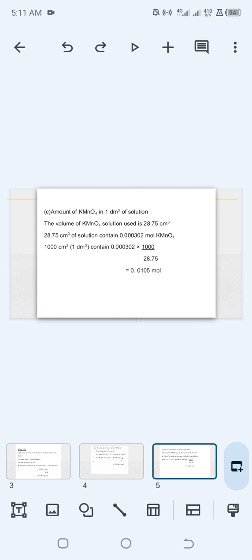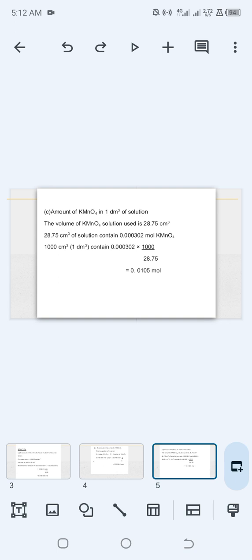The amount we've gotten for KMnO4, 0.000302 moles, is just in 28.75 cm³. We want to know the amount of KMnO4 in 1000 cm³, that is in 1 dm³.